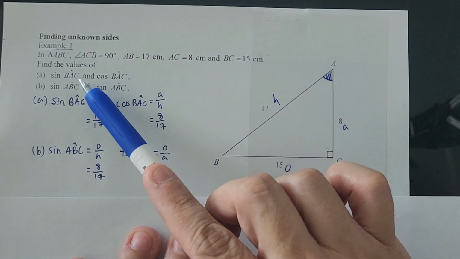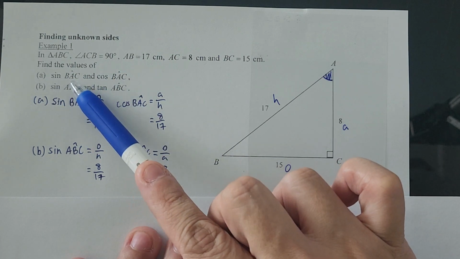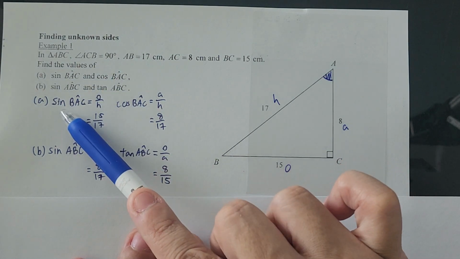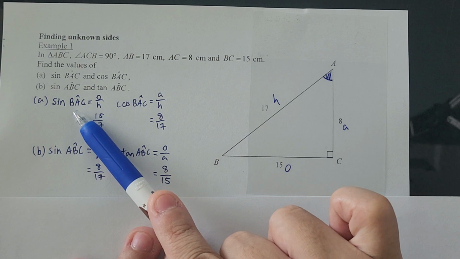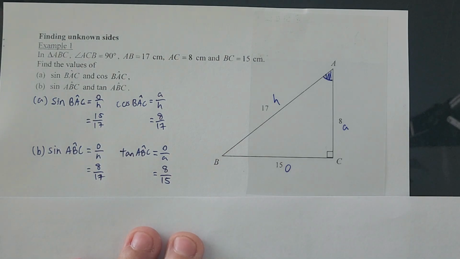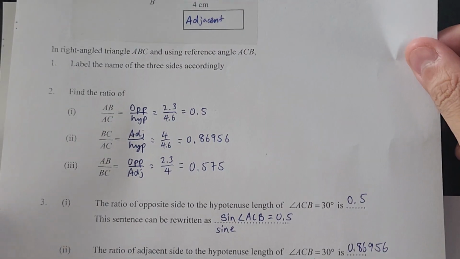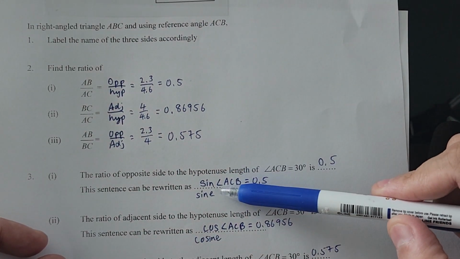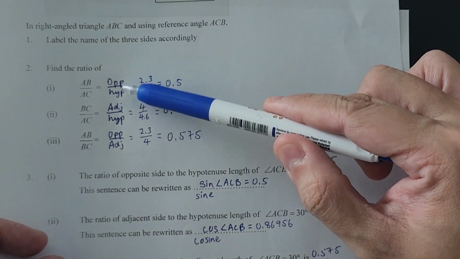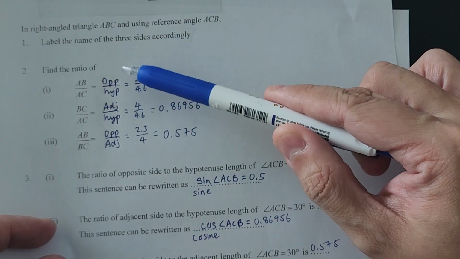Now, the question wants me to find the value of sine angle BAC. What is sine angle BAC? If you recall from the previous page, page 3, for sine, it is opposite over hypotenuse.